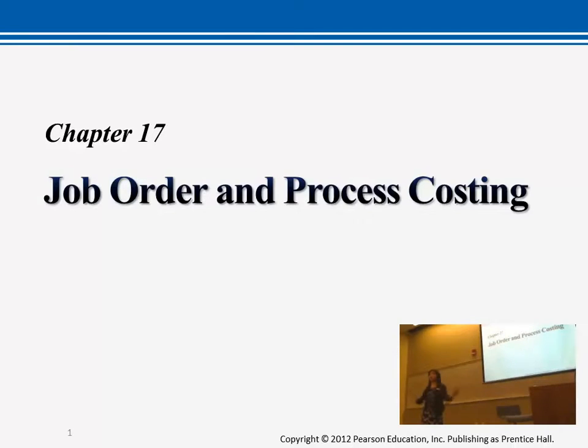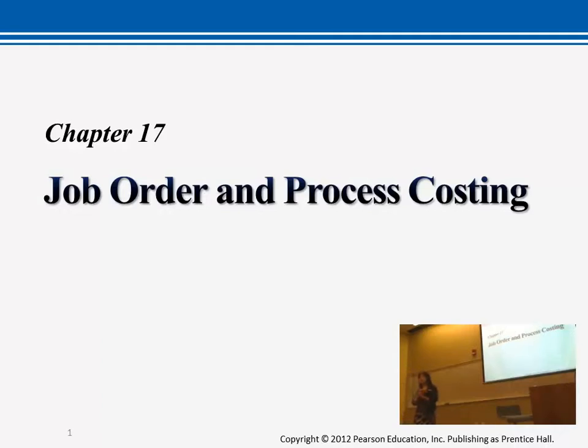For example, the machines we're using, when we depreciate them, are used for different orders at the same time. You can't just say this depreciation expense belongs to this order and not the other. So there has to be some way to pick a portion and assign it to different jobs. This class will be learning how to assign these indirect costs. Not just indirect materials, what are the other indirect costs?